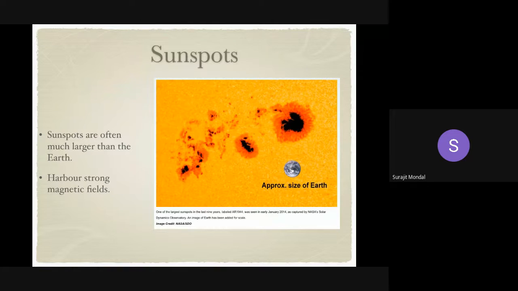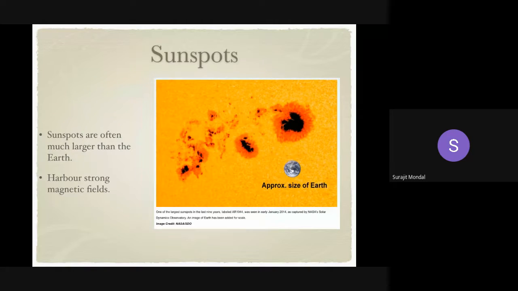You see that the sunspots are much darker than their surroundings. It is darker because the temperature of the plasma inside these sunspots is much lower than the surrounding medium.